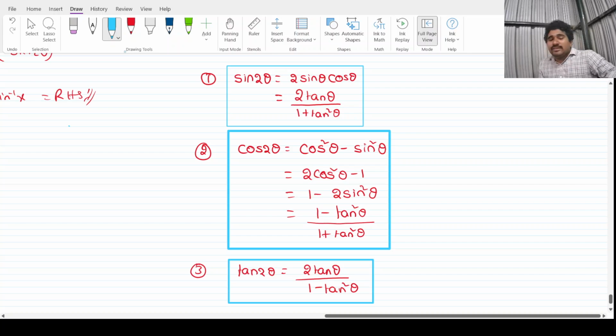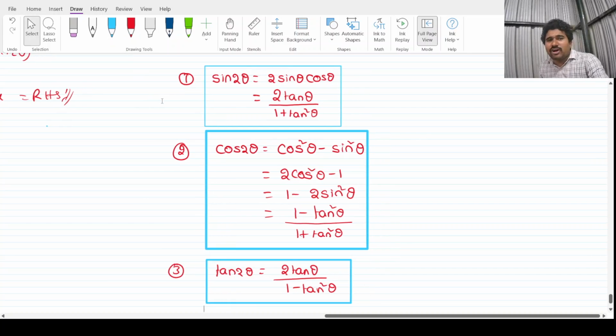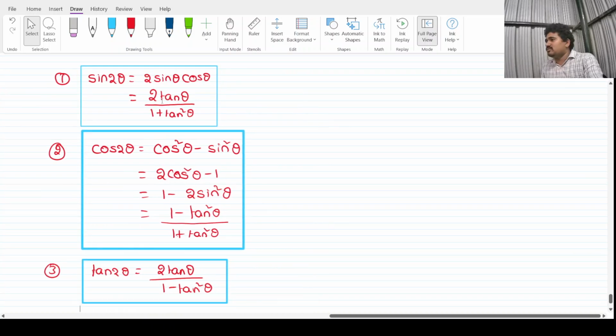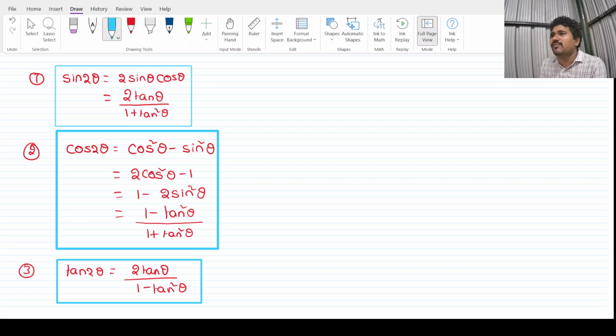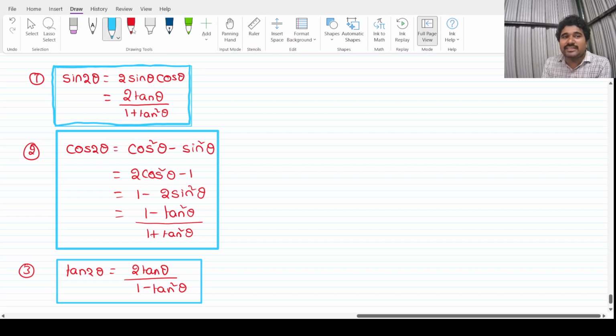Okay. The same formulas in half angle also you should know. What do I mean by the same formulas in half angle? Sine 2 theta I will not tell now. What I will tell is sine theta. So what are the half angle formulas?